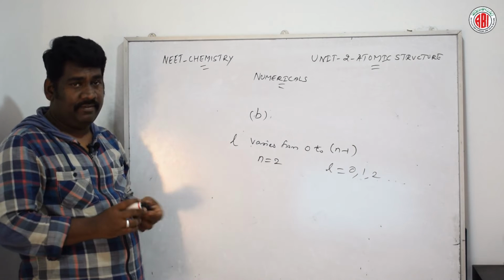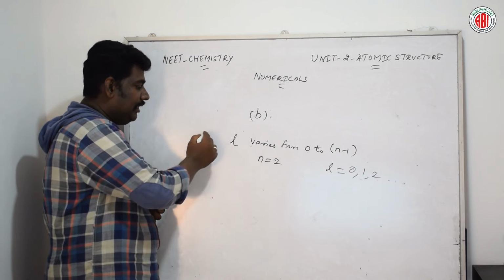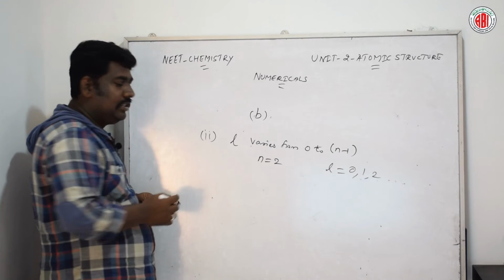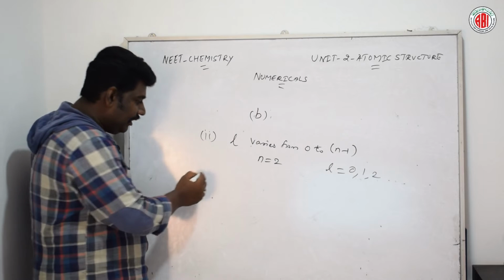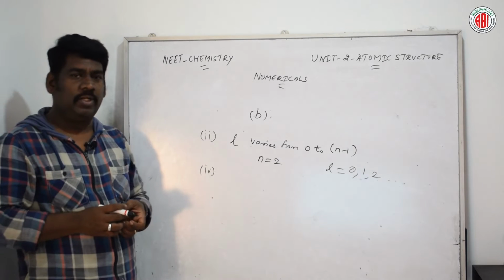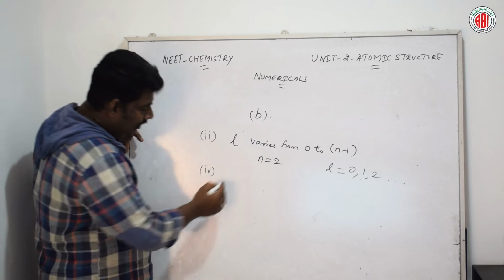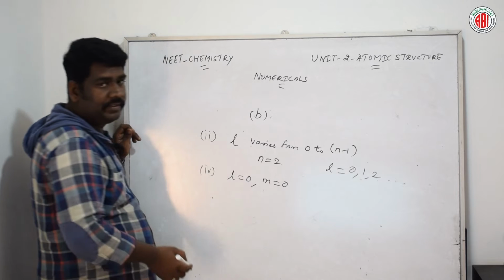In case of the second set, similarly the fourth set, if you see the same question, it is also not possible because L is equal to 0 and similarly m is equal to 0.